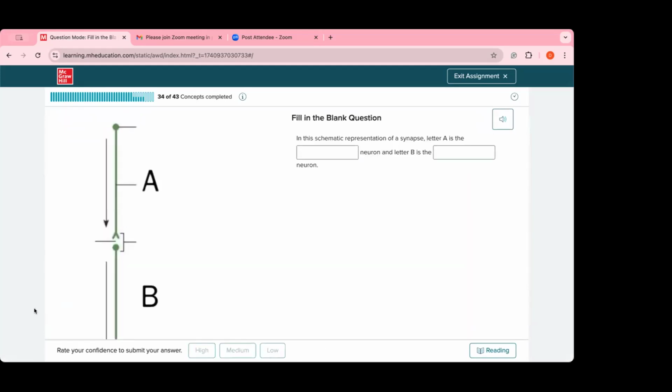In this schematic representation of a synapse, letter A is the blank and letter B is the blank. Letter A would be the presynaptic neuron, and letter B would be the postsynaptic neuron.